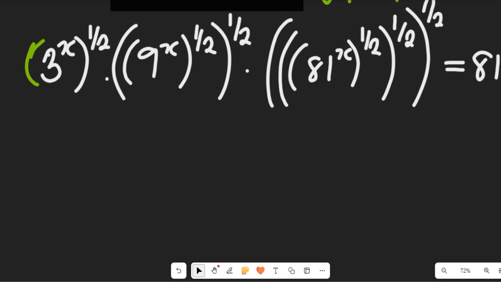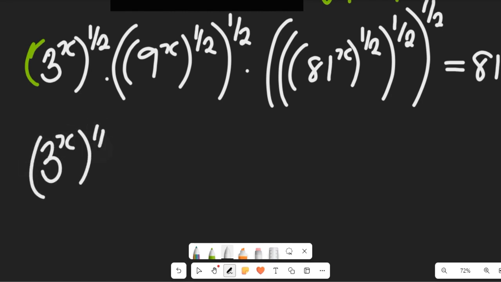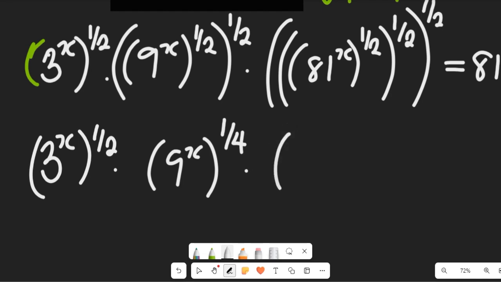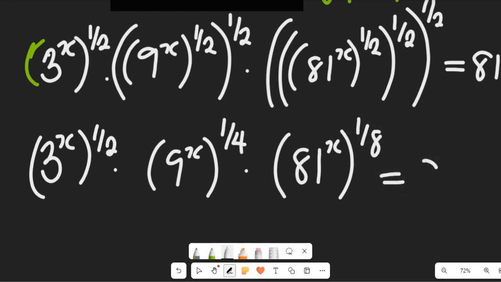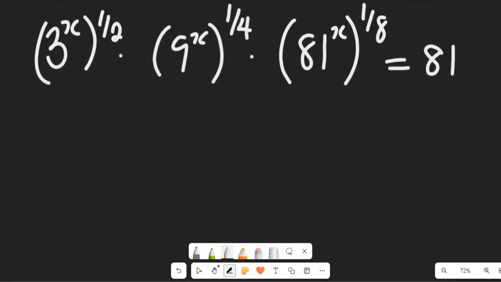According to the law of indices, this is going to give us 3 to the power of x to the power of 1 divided by 2, multiplied by 9x to the power of 1 divided by 4, because all the exponents multiply, multiplied by 81 to the power of x to the power of 1 divided by 8, and all these will be equal to 81.